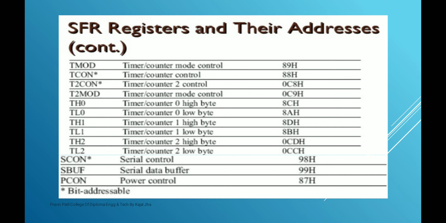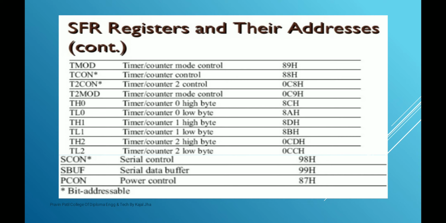TL0, timer and counter 0 low byte, has address 8AH. TH1, timer counter 1 high byte, has address 8DH. Then TL1, timer counter 1 low byte, has address 8BH. After that, TH2, timer counter 2 high byte, has address CDH. Then TL2, timer counter 2 low byte, has address 0CCH.